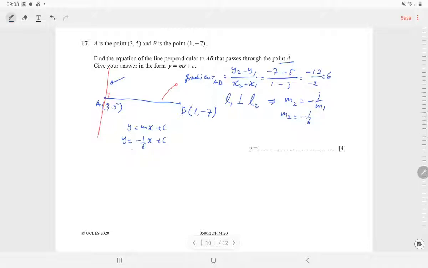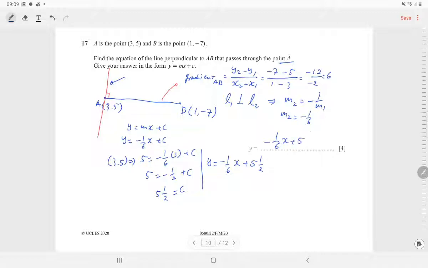Because it passes through A, the point 3, 5, we have 5 equal to negative 1 over 6 times 3 plus c. So 5 equal to negative 1 over 2 plus c. So c equal to 5 plus 1 over 2, which is 5 1 over 2. So the equation will be y equal to negative 1 over 6 x plus 5 1 over 2. This is the answer.